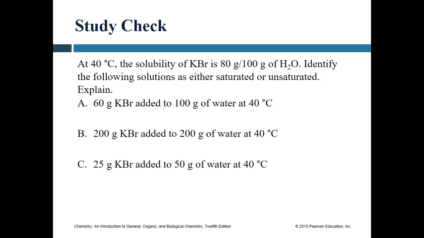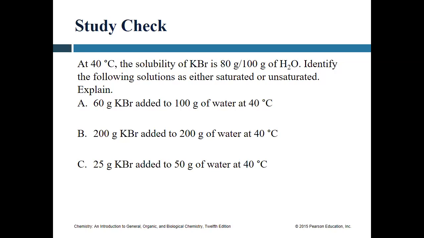Okay, got to do a little bit of math for this part, at least for some of these. At 40 Celsius, the solubility for potassium bromide is 80 grams per 100 grams of water. Identify these solutions as either being saturated or unsaturated.